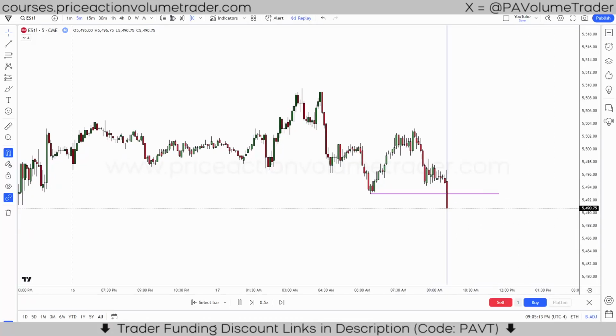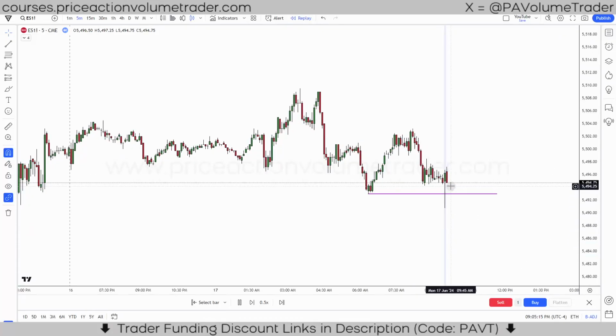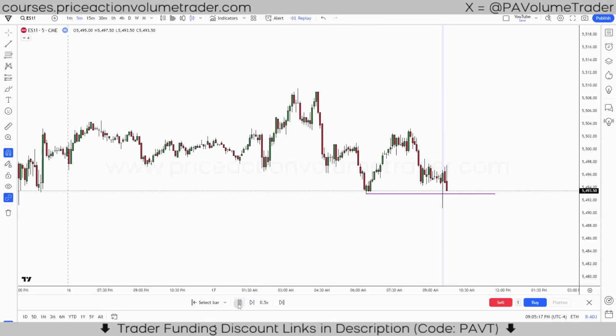We push play. Right here is the New York Open. So first thing, you can see we have this pin bar here, right under here. So this is the fake out below, and we hold back above.